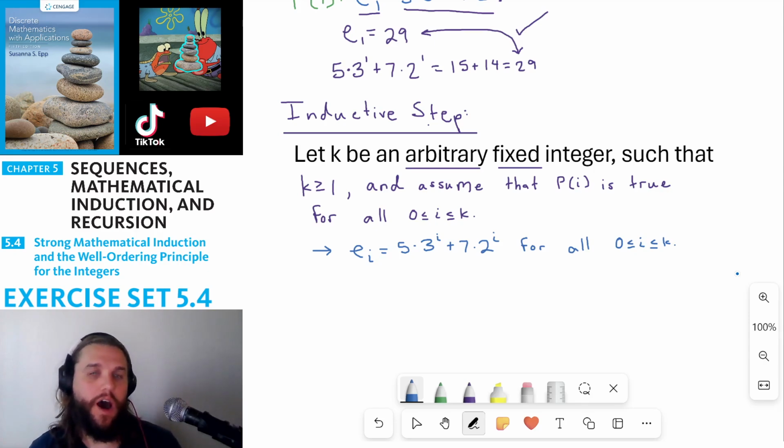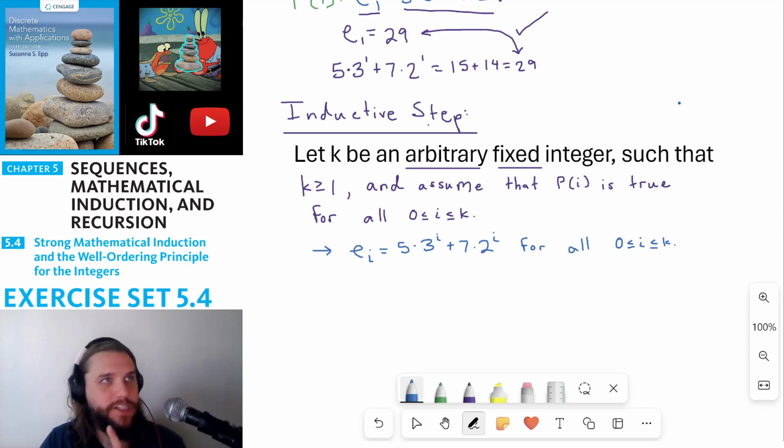So i could be 0, i could be 1, i could be 2, i could be 3, all the way up to k, whatever k is. We don't know what k is, but we're not assuming that P of k plus 1 is true. We're assuming P of k is true, and we're assuming P of k minus 1 is true, and so on, all the way down to P of 1 and P of 0. We're assuming that all of those statements are true.